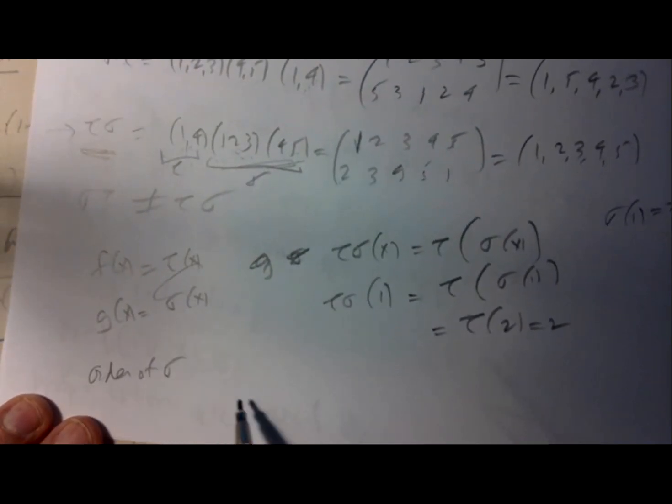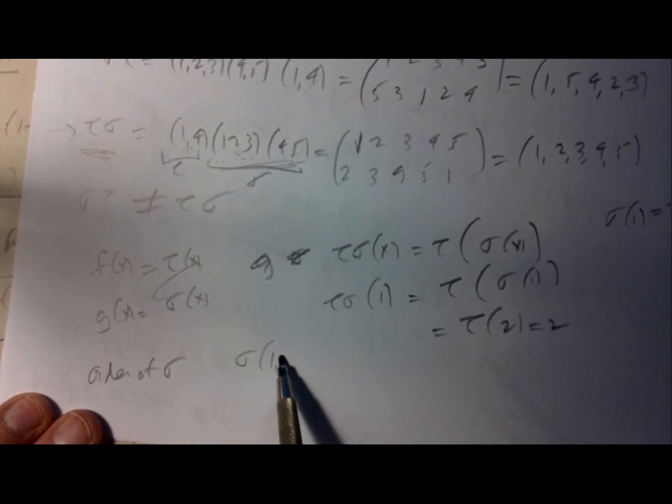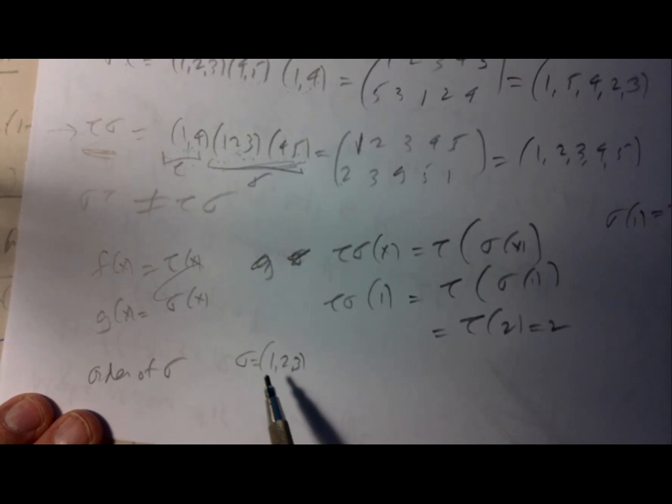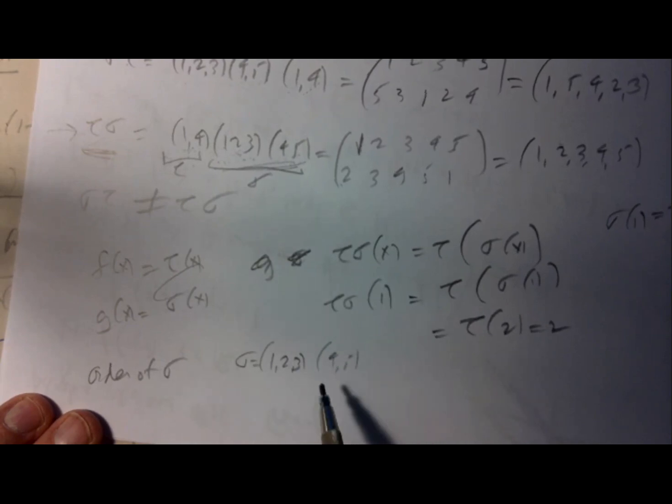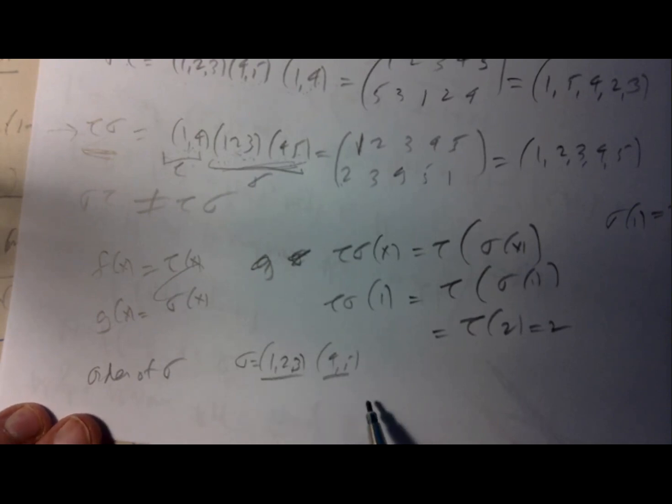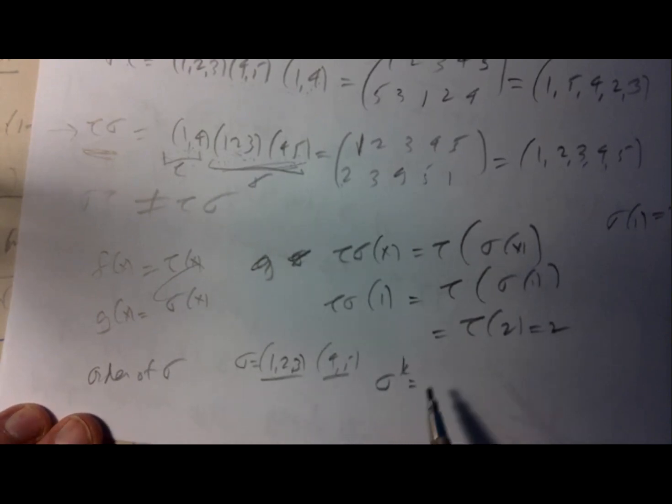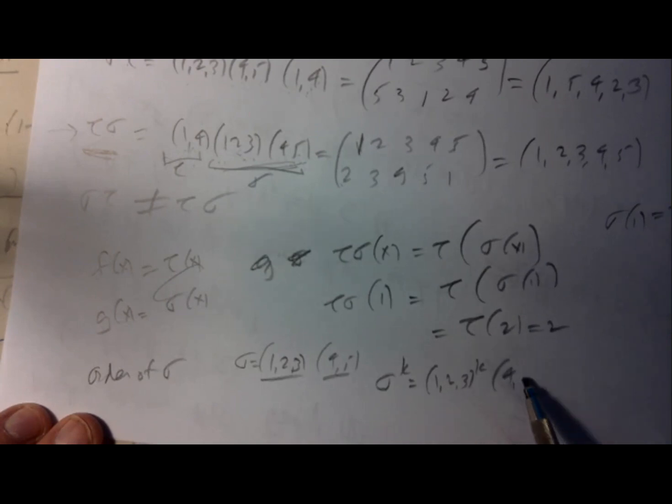And if you have to calculate the order of sigma, so sigma is 1, 2, 3 times 4, 5. And these are disjoint cycles, so they commute. So sigma to the k is 1, 2, 3 to the k, 4, 5 to the k.